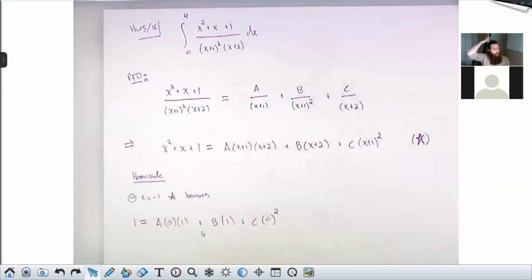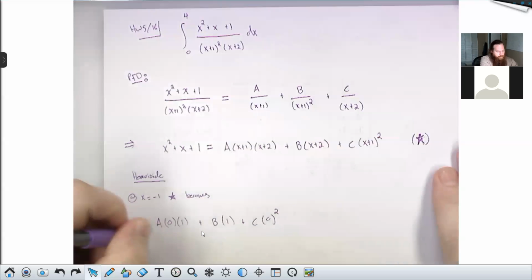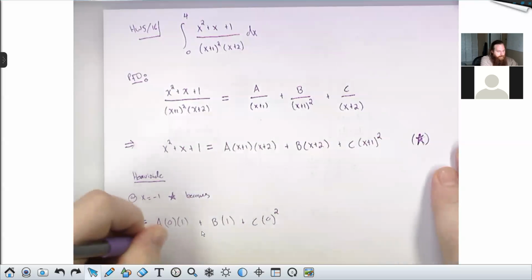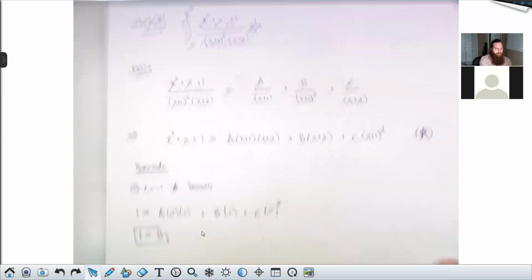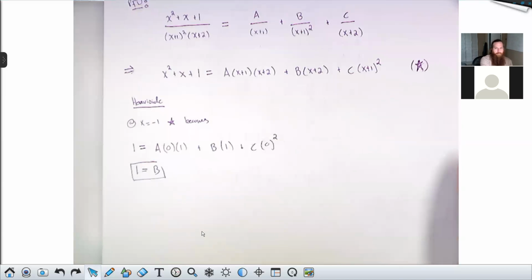And what you notice is that both the A and C terms drop out. This just says 1 equals B. Done. Isn't that slick? So now I've got B. B is 1.